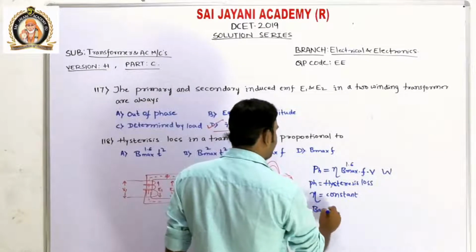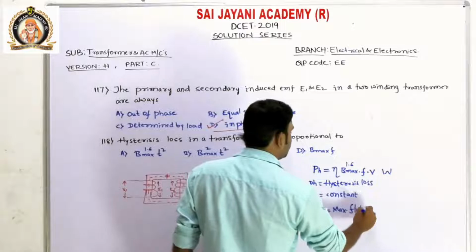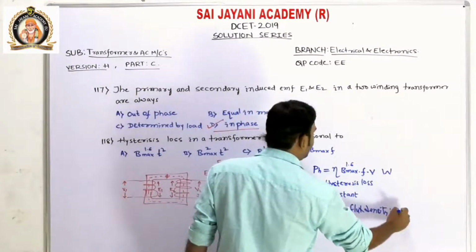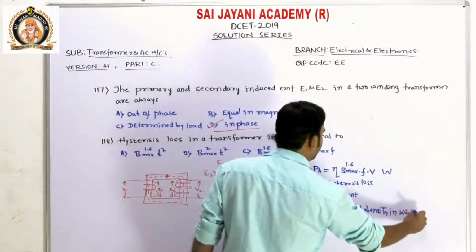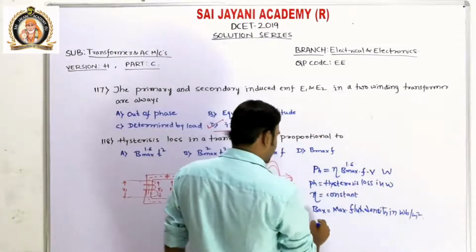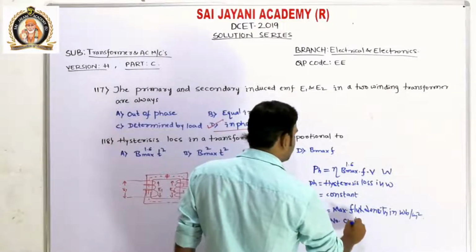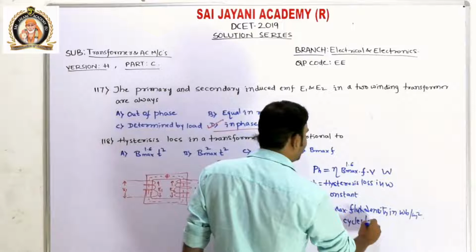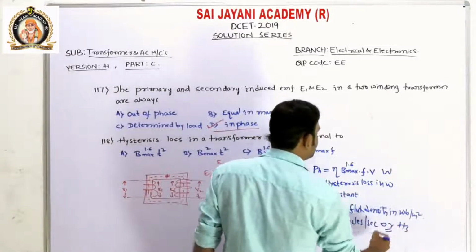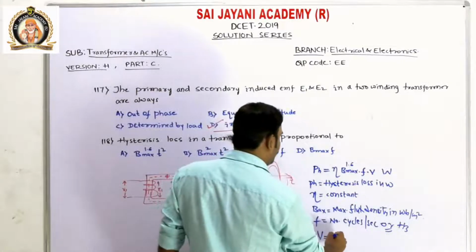B max is the maximum flux density in Weber per meter square, F is the number of cycles per second or frequency in hertz, and V is the volume of the core.